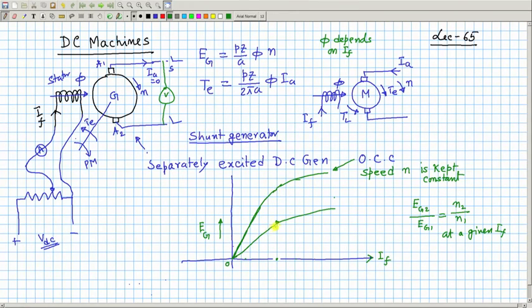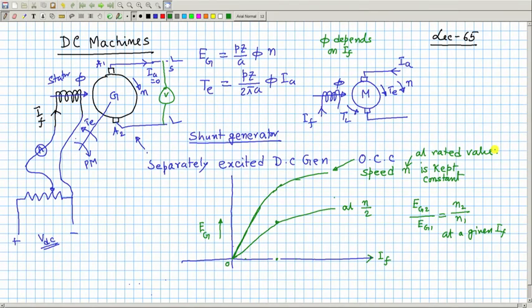Therefore, one can easily get the OCC at any other speed he likes, at speed n by 2. Similarly, if you increase the speed, the OCC will be above this, like that, compared to the rated value.